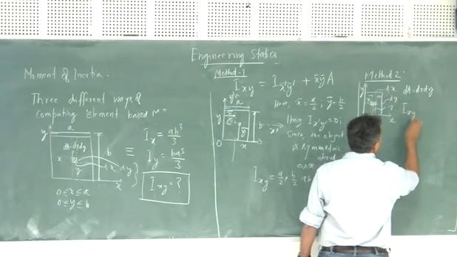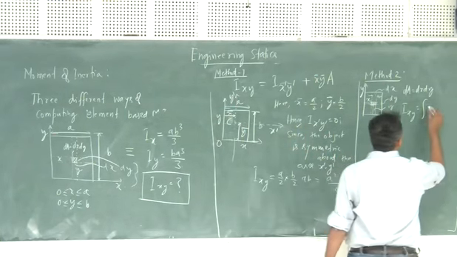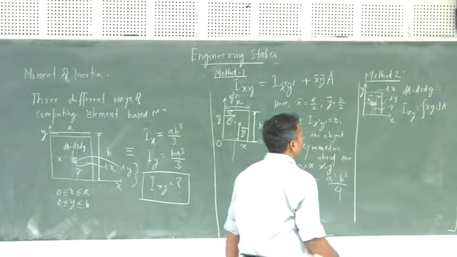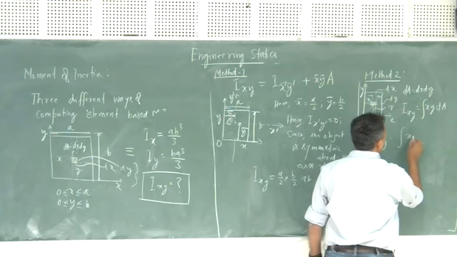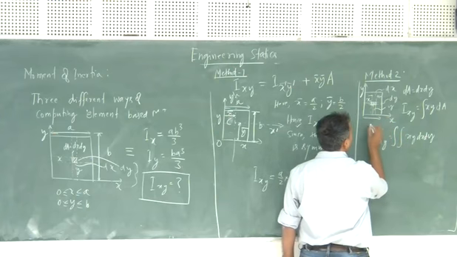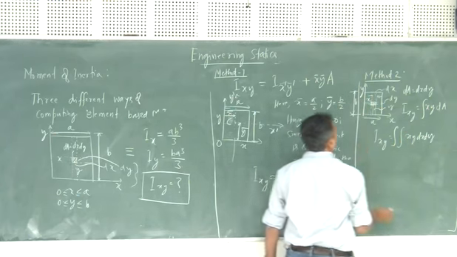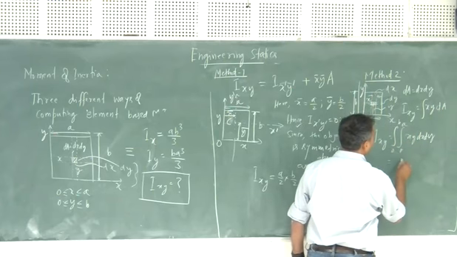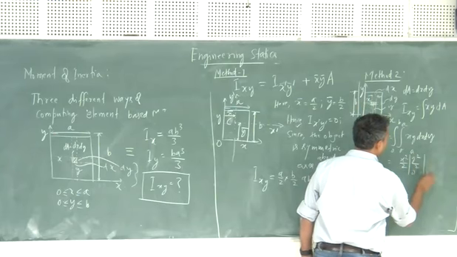Ixy will be defined as the integral of xy dA, and dA is nothing but dx into dy. So you have the integration limits: 0 to a, and 0 to b.